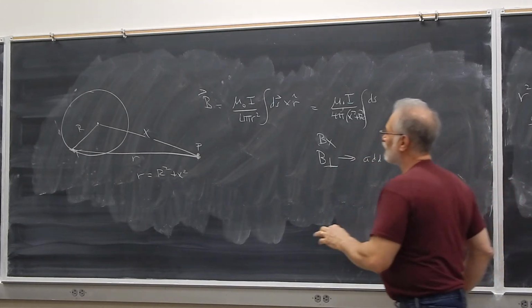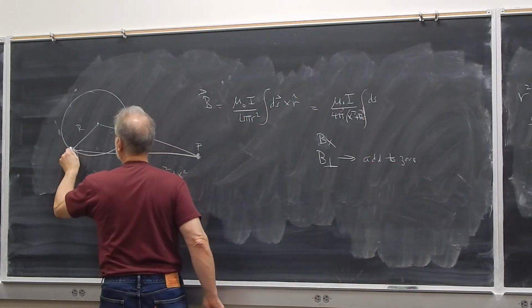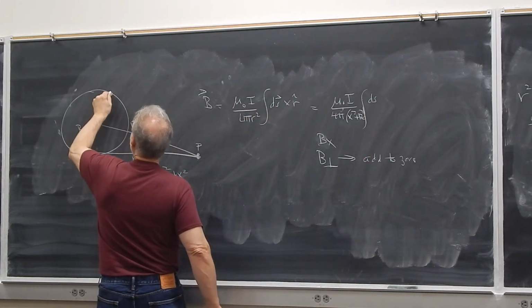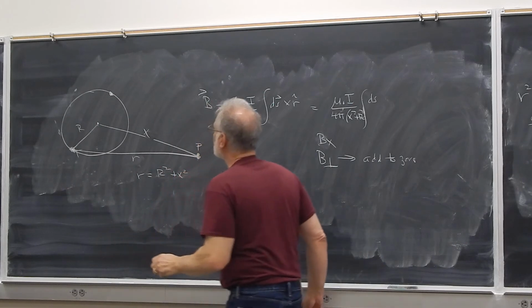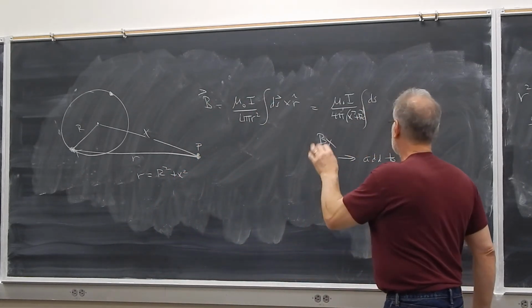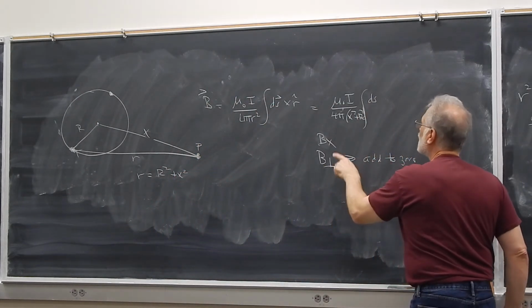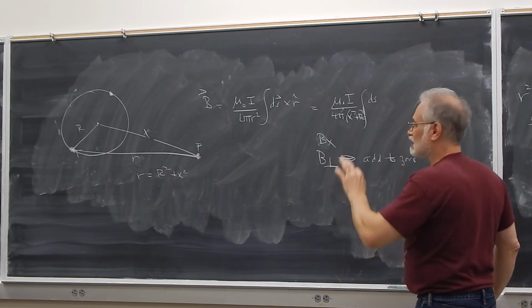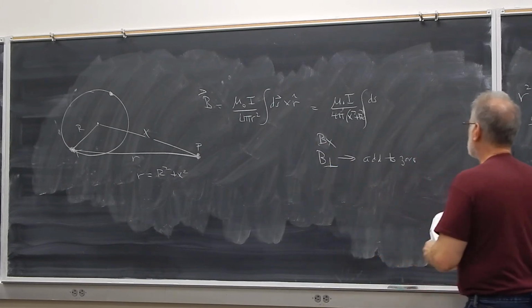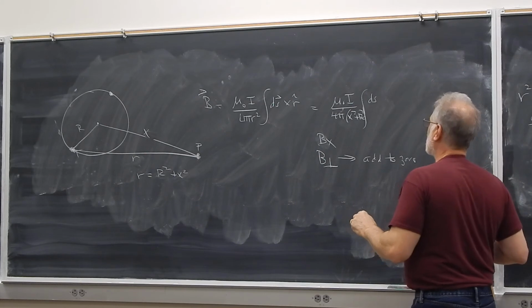Because for every component I get at one point on the current loop, I'll get an equal and opposite field contribution perpendicular from the other side. Kind of like the ring of charge that we did back when we studied electrostatics.